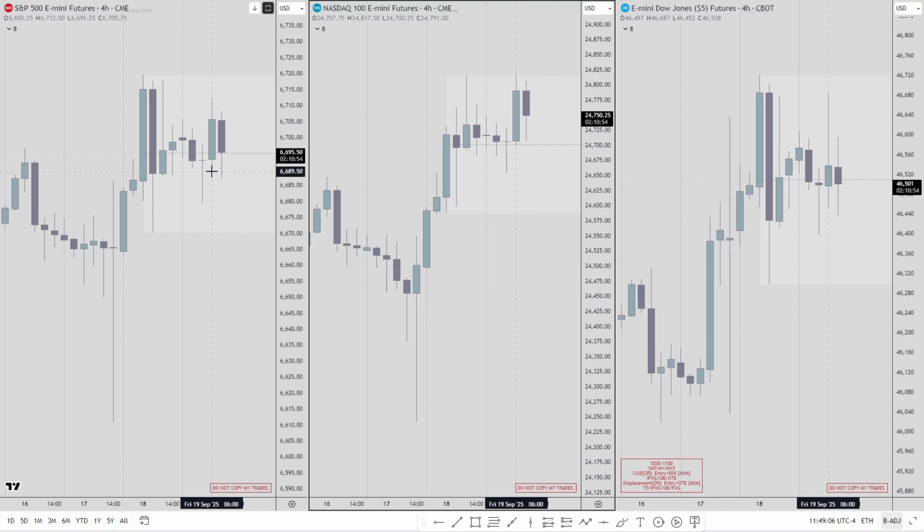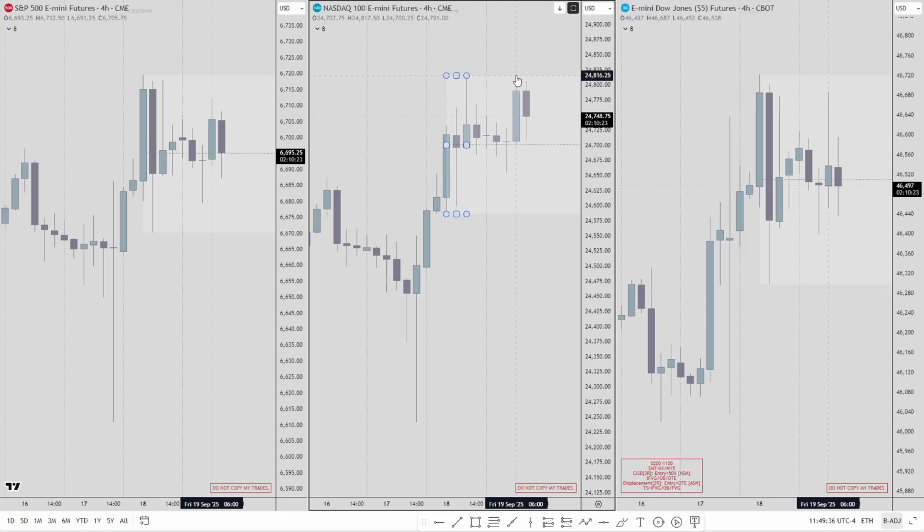Look at how ES and YM did not trade into the range extremes except for Nasdaq. So this was the exception that I made because I wasn't going to be trading in the range. I want the extremes to be tagged before I look for something on the lower time frames, even if it is a scalp.